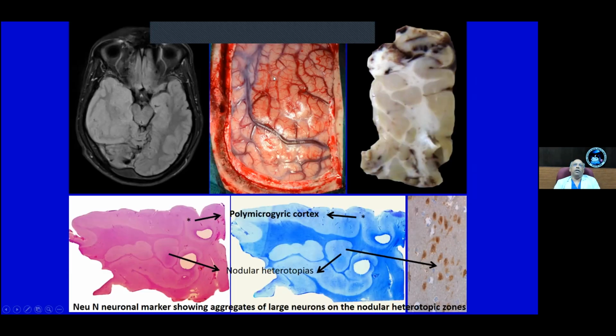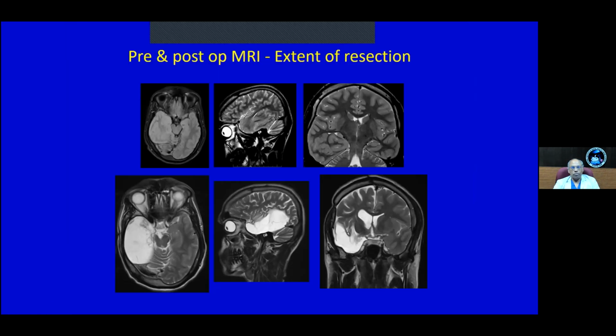Again, this is the right temporal area, right sylvian fissure. This vein actually was very nicely demarcating the malformation, and then he underwent gross total resection of this abnormality, which has got both polymicrogyria as well as nodular heterotopia. The extent of resection can be appreciated on the imaging.